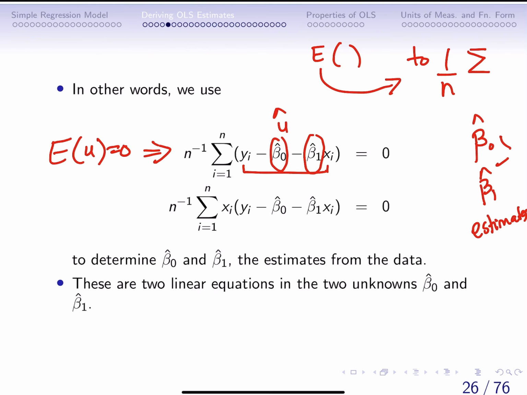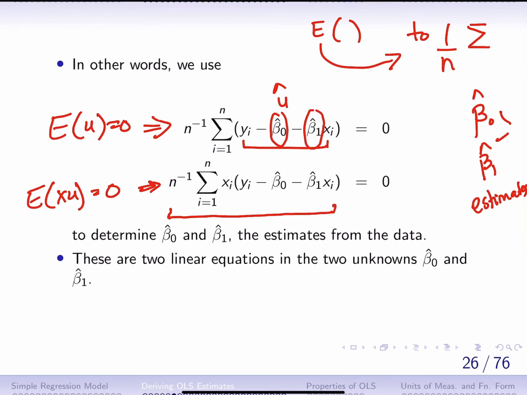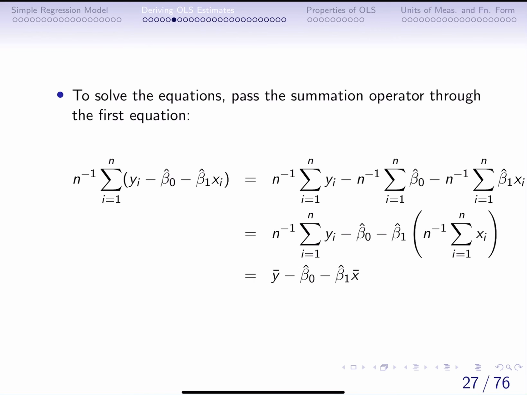using data. Okay, similarly, the second condition can be written in this way. And so we can use some algebra and we can get to the first equation. If you solve this, you're going to get to this, and you're going to set that equal to 0.